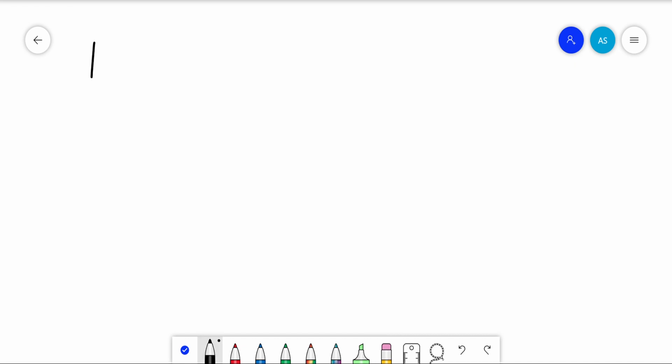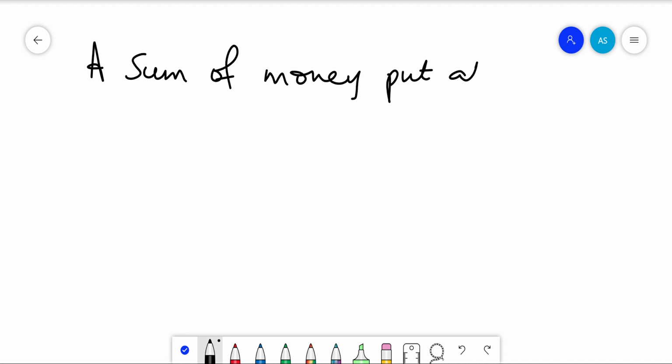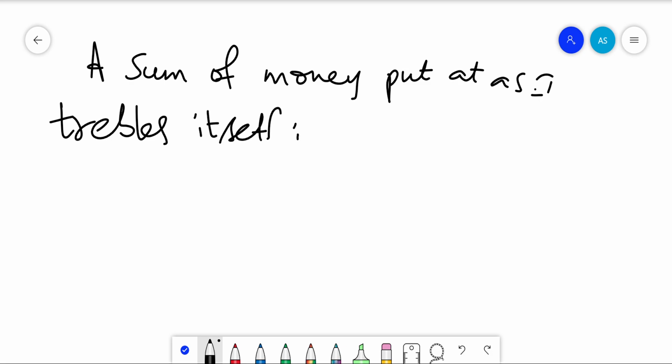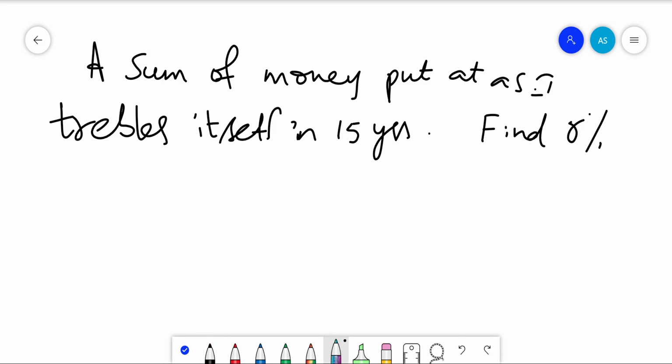A sum of money put at simple interest trebles itself in 15 years. Then find the rate of interest. At what rate of interest will the money become triple in 15 years? So what do you have to write?